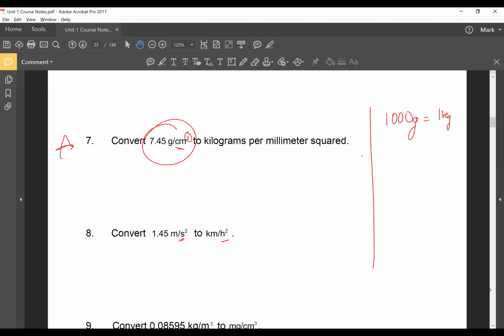And I also know that there is 10 millimeters in 1 centimeter. Okay, 10 millimeters makes 1 centimeter. So what I'm going to do is put these fractions in. I'm going to be careful about the squared, and we're going to solve this question.